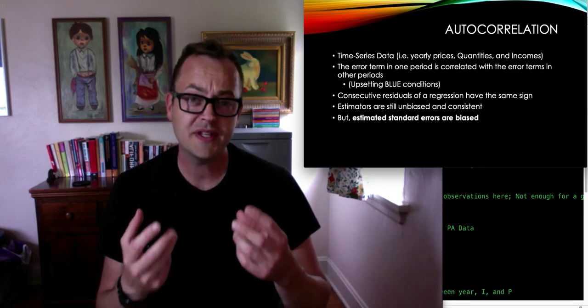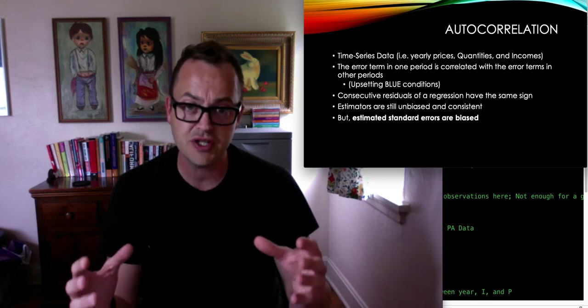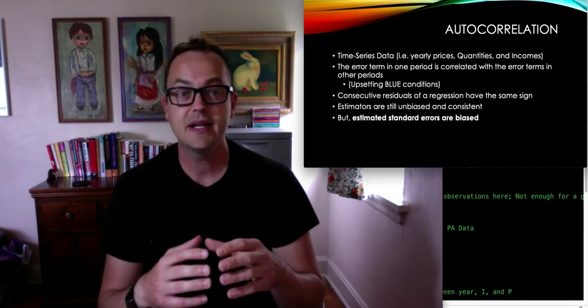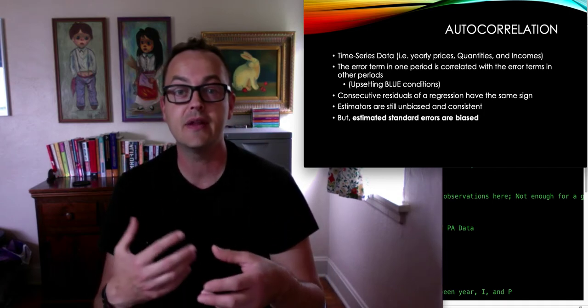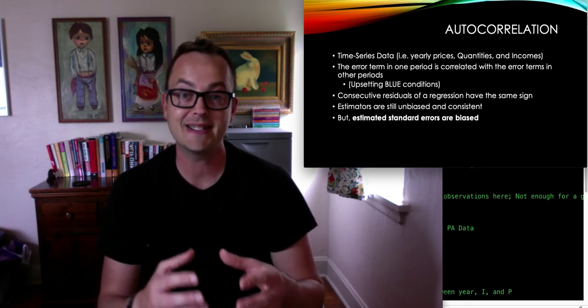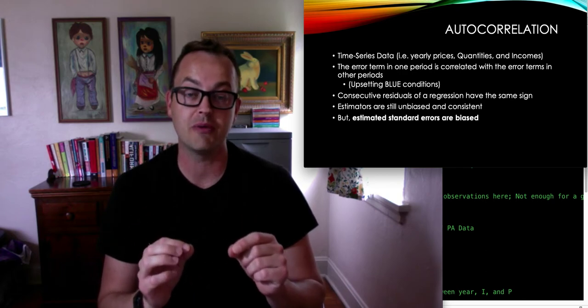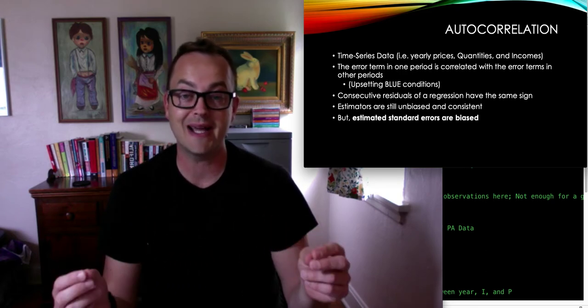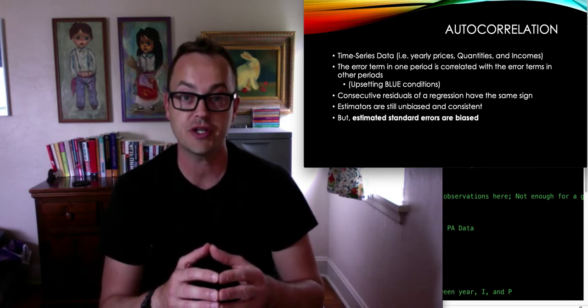So what this does to your regression in terms of the coefficients that you estimate, it does not necessarily bias them. The coefficients themselves may be unbiased and consistent, but since this is an error term problem, it does lead to biased standard errors of those coefficients.